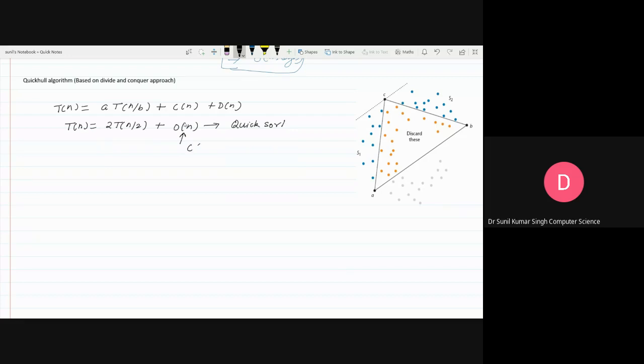And what will be the value of D(n)? Value of C(n) and value of D(n). Can anybody tell? And of course, C(n) plus D(n) is going to be order of n.